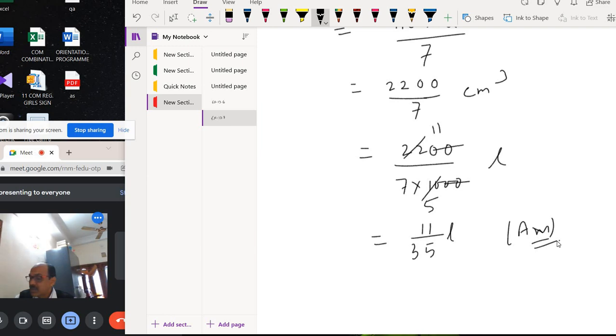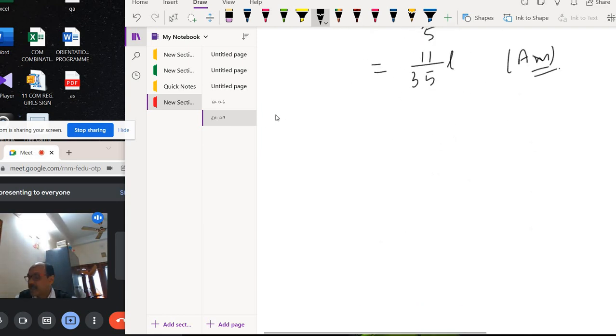Question number 3 is: the height of a cone is 15 centimeter. If its volume is 1570 centimeter cube, capacity also given. Find the radius of the base and use pi equal to 3.14. So radius you have to find.